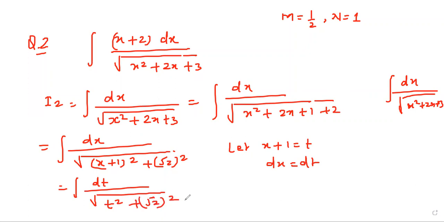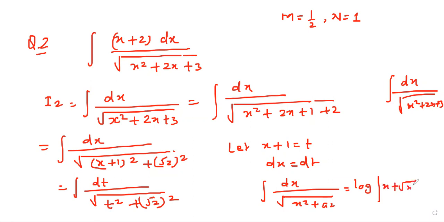And it is of the form integration dx upon root of x square plus a square, which is equal to log of x plus root of x square plus a square plus c.